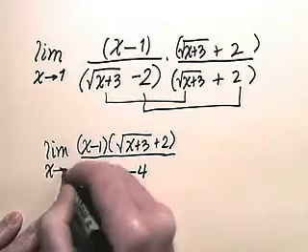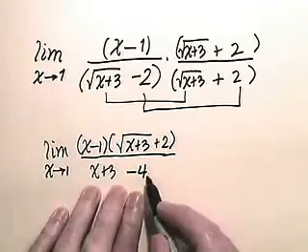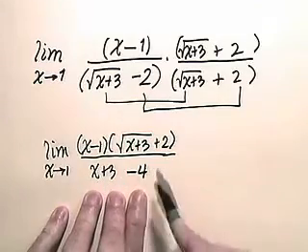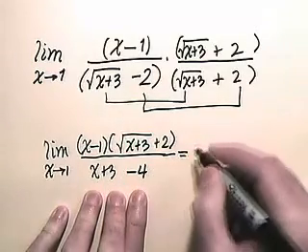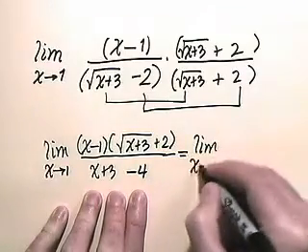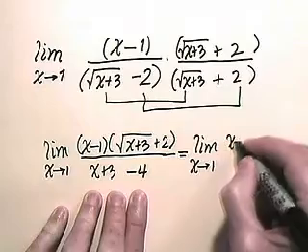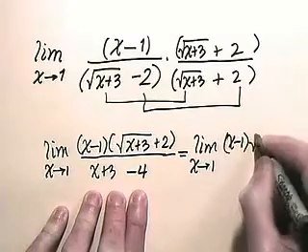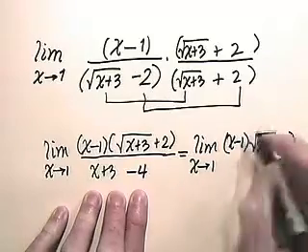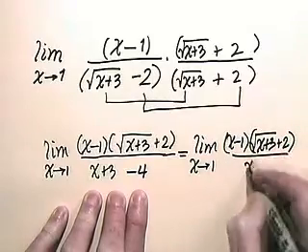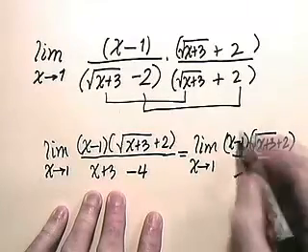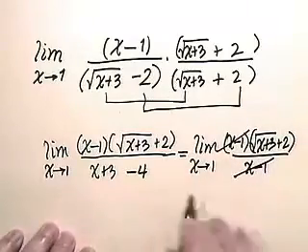So we have the limit as x approaches 1 of the quantity x minus 1 times radical x plus 3 plus 2, all divided by x minus 1. And so at this point, we see the x minus 1's cancel. And so our problem has reduced to the limit as x approaches 1 of radical x plus 3 plus 2.